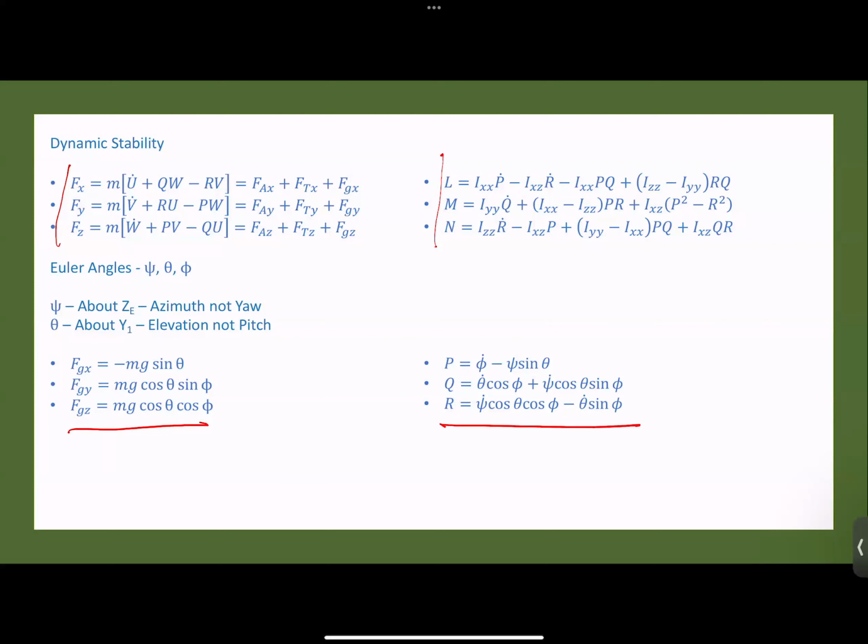Why is psi not visible? Why is psi not part of it? What happened to psi? We had discussed the answer to this, but if somebody can tell me, why is psi not part of the gravitational forces?